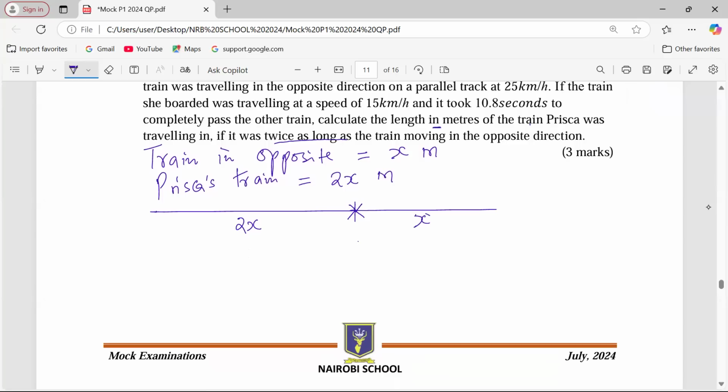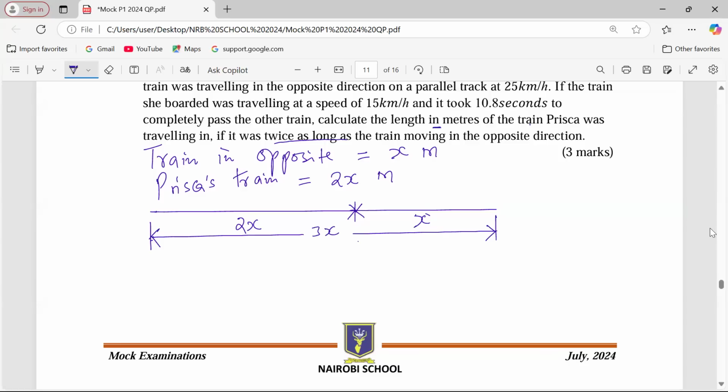Then it moves. For it to completely pass, it has to move its own distance, its own length. Therefore, the total length for these two trains, which will be moved for the trains to completely pass through one another, is 3x.